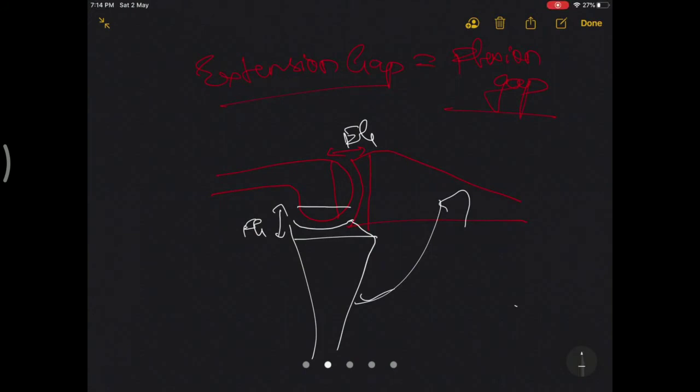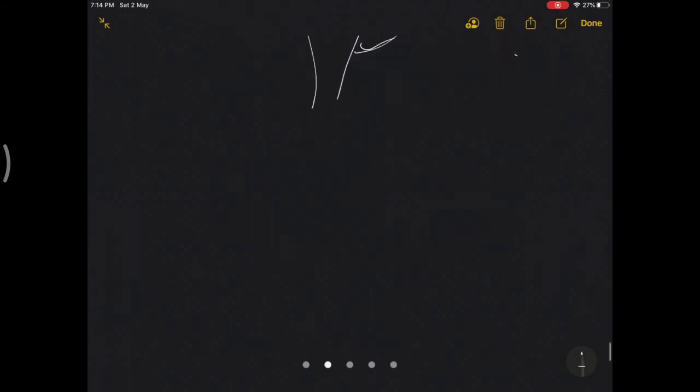So how it is exactly done, we'll go through step by step. Once you have done your approach and exposed the knee, you will subperiosteally elevate the anteromedial capsule from the tibia, and go slightly around to release the deep MCL.